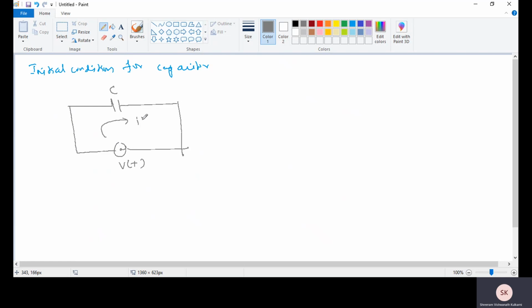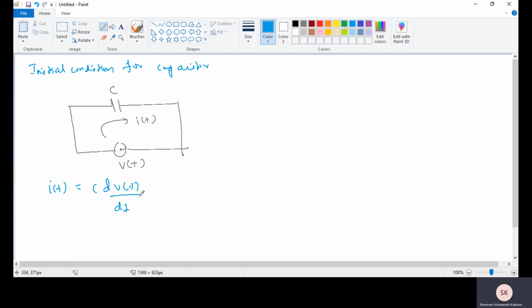Due to this, current will flow, I of t. Okay, where the current of this capacitor is given by I of t is equal to C dV by dt. Okay, where current through the capacitor is proportional to the rate of change of voltage.